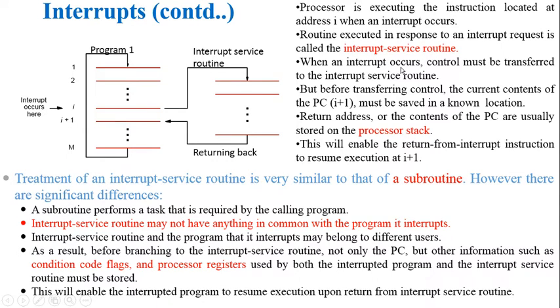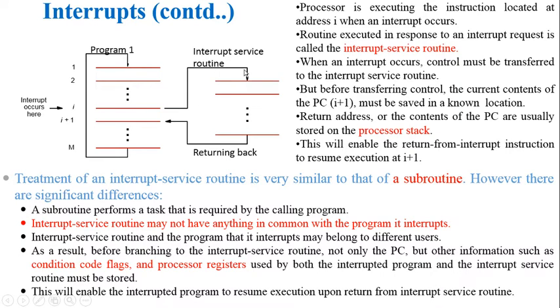When an interrupt occurs, control must be transferred to the interrupt service routine. So after completing the ith instruction's execution, the processor transfers control to the start of the interrupt service routine.